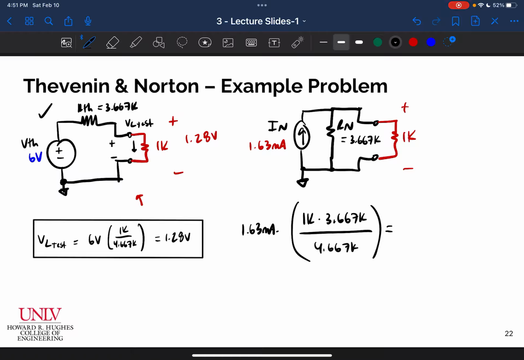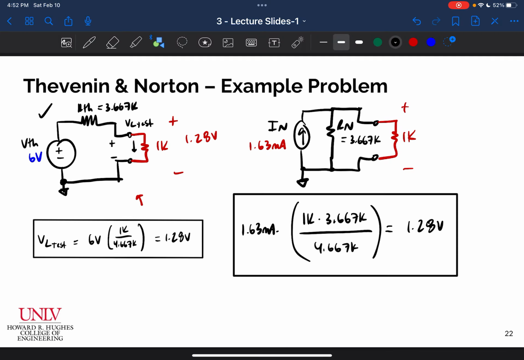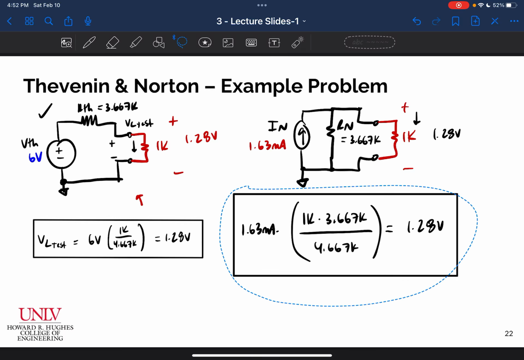Let's try it out. So it's going to be 3.667 divided by 4.667 multiplied by 1.63, 1.28 volts. All right. So that is proof. And of course, if I have 1.28 volts here across a 1K, that's going to give me 1.28 milliamps flowing through the 1K. So that is proof that my Thevenin and Norton equivalents are correct.